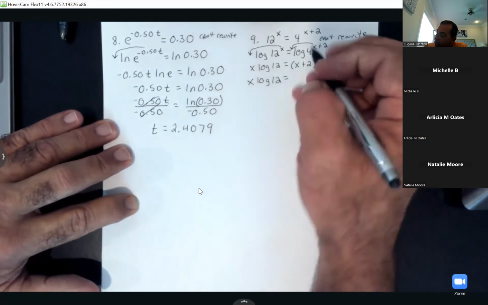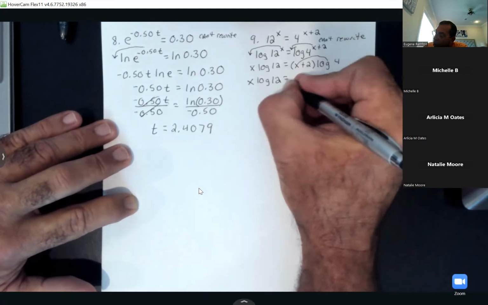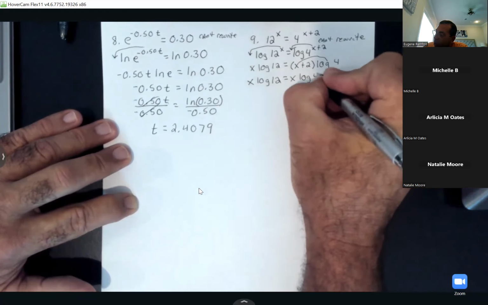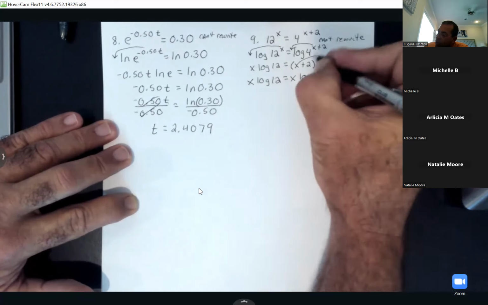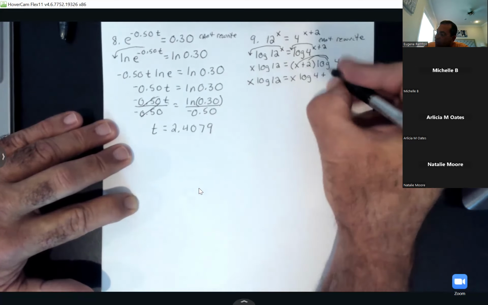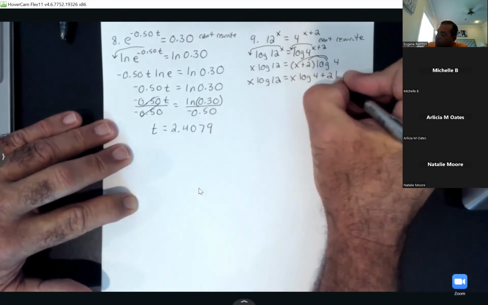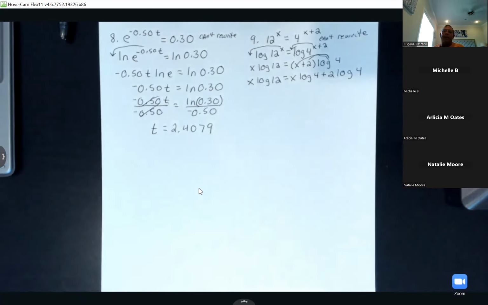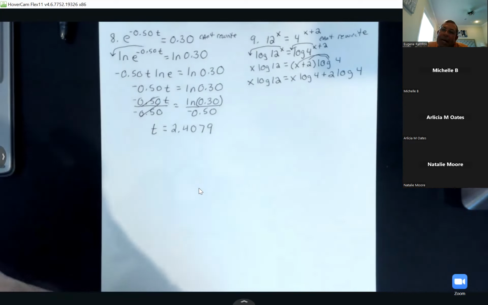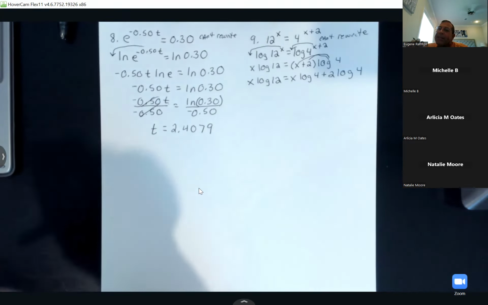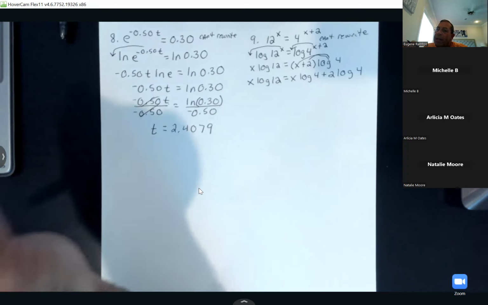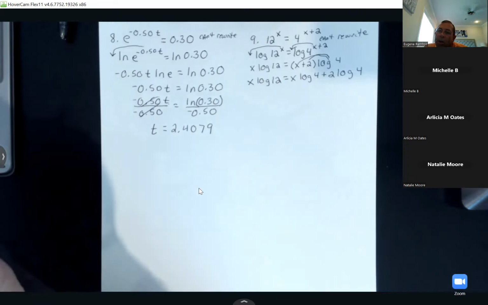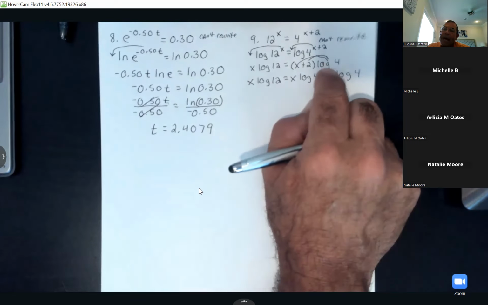So you would do x times log 4 would give you an x log 4, plus you would do the 2 times the log 4 and get a 2 log 4. So that's the main thing you got to realize on the right side. Since you had 2 parts to that exponent, when you bring it down, both parts got to multiply by the log 4.